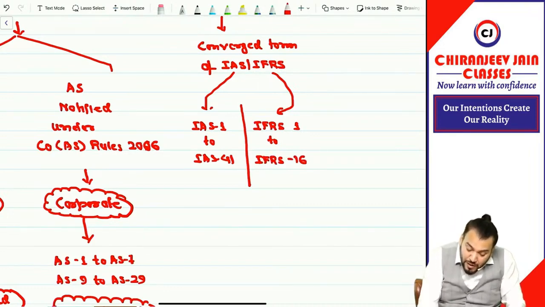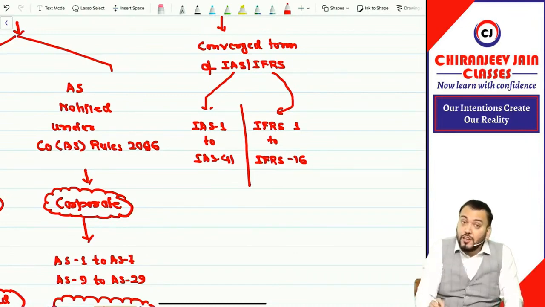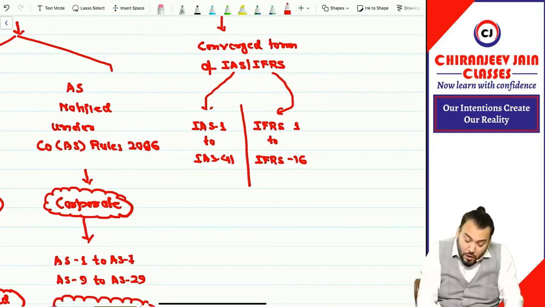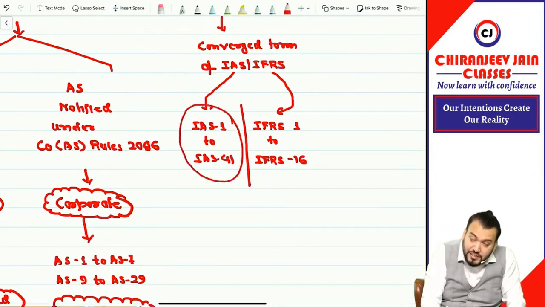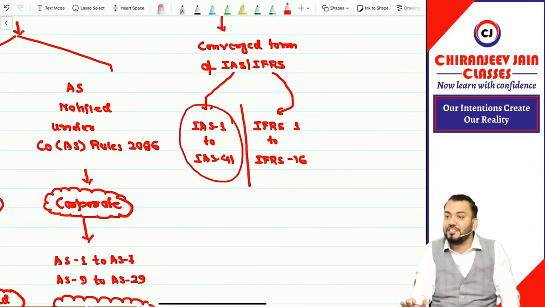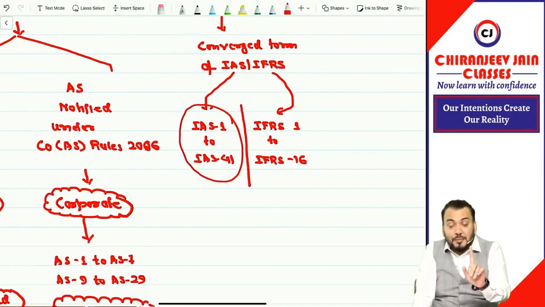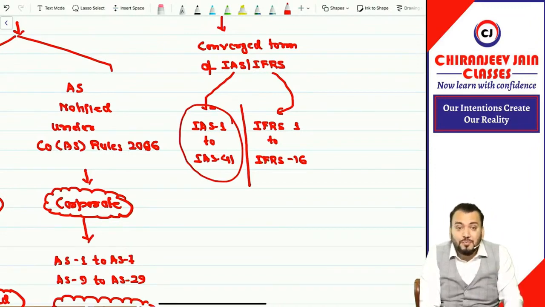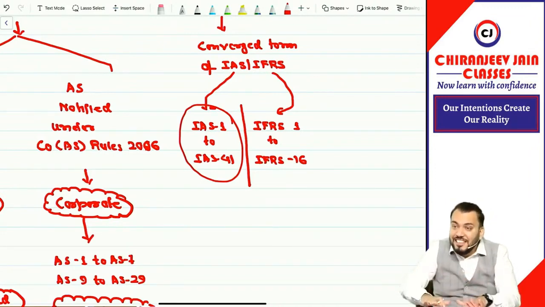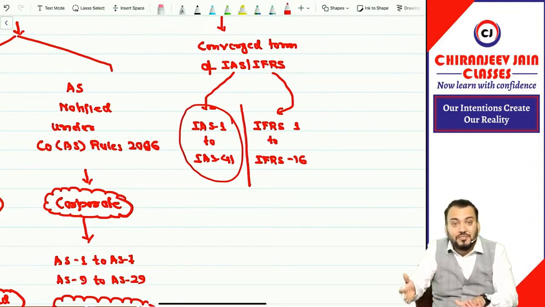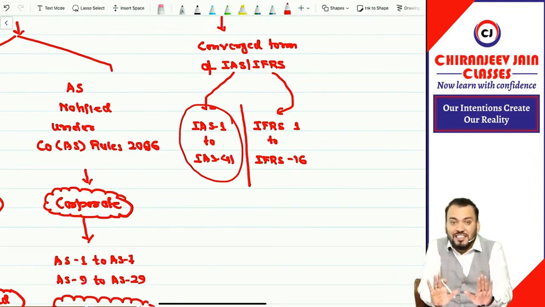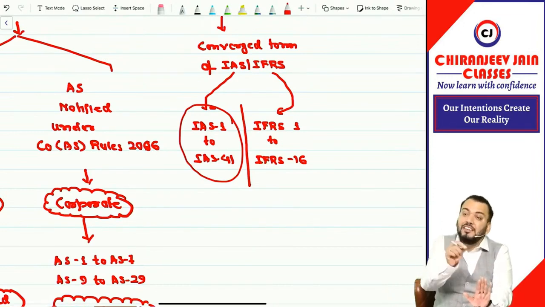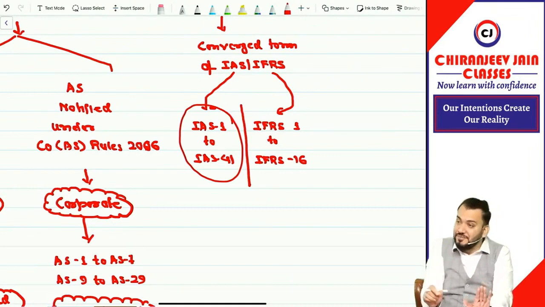These IFRS 1 to IFRS 16 were totally new accounting standards. Can I say that for IAS 1 to IAS 41, the title was retained, it was not changed to IFRS? They have not changed the name of the previous standards issued by the IAS committee.